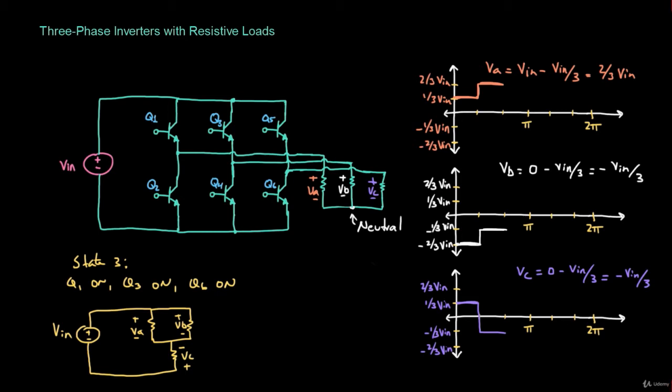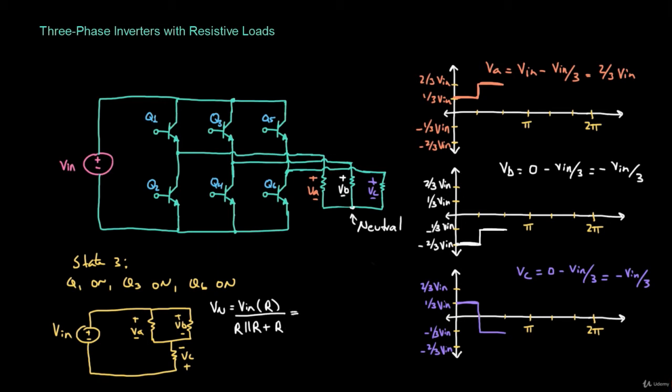Now let's see what the neutral voltage would be. We're going to have Vn times R over the parallel combination between RA and RB, so again, I'm just going to write down R in parallel with R, plus RC.